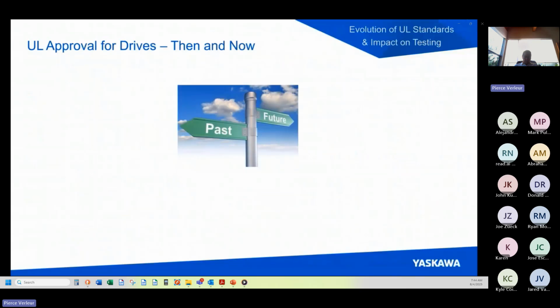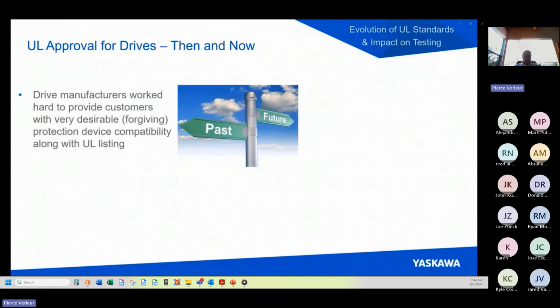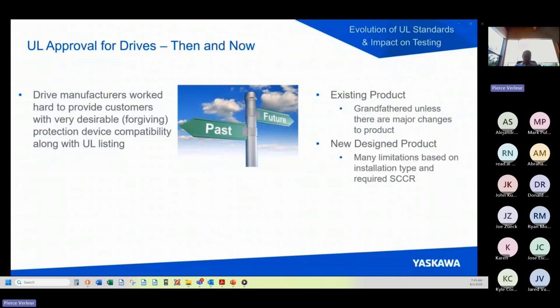So what does this mean for the future? In the past, drive manufacturers worked very hard to provide customers with very desirable and forgiving compatibility from these devices along with the UL listing. Now, existing product is grandfathered unless there are major changes to the product.